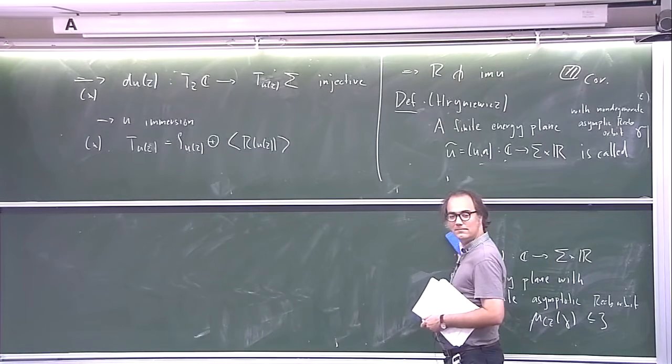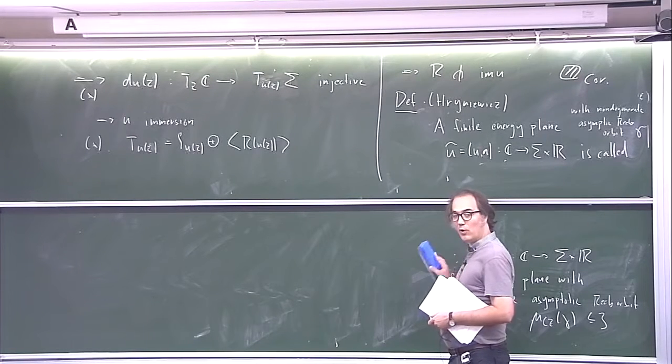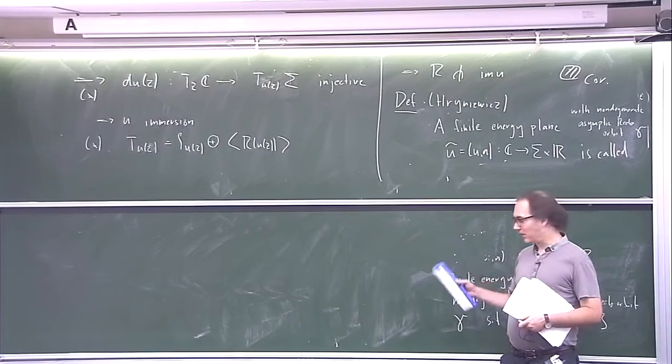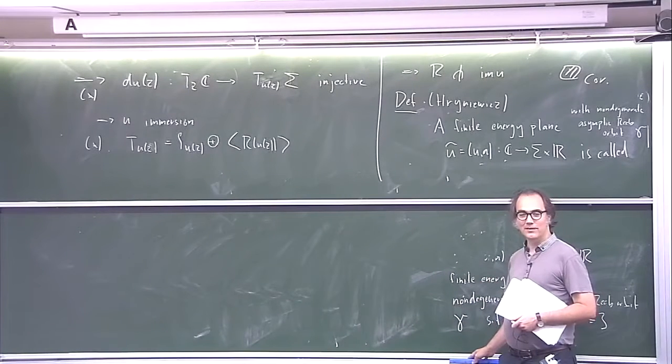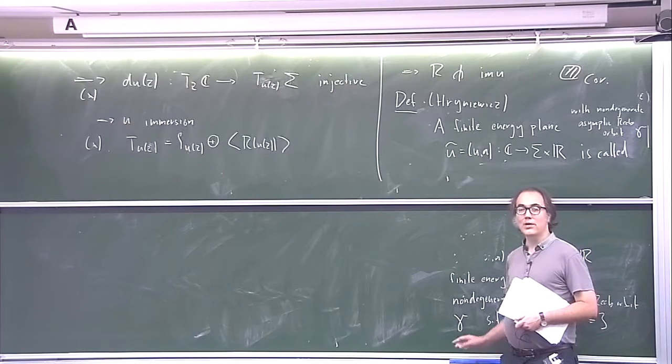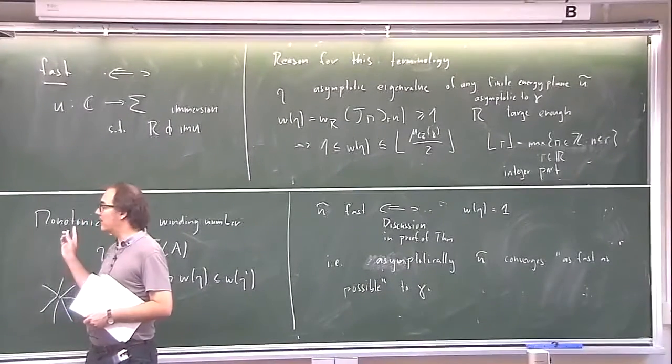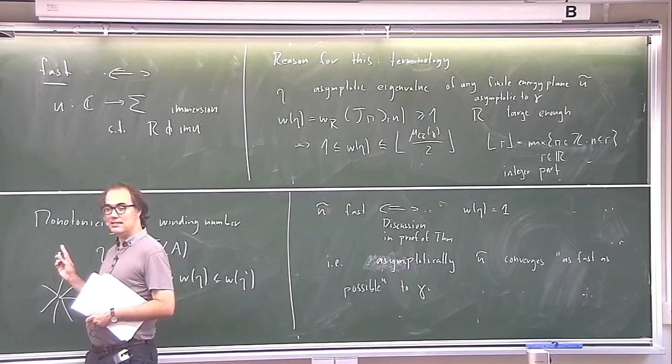Let me make sure: if my finite energy plane is fast, then the specific periodic orbit has Conley-Zehnder index 2 or 3? Not always. Otherwise you don't have that. So the discussion we had implies that if the Conley-Zehnder index is 2 or 3, then everyone is automatically fast. And does fast imply the reverse?